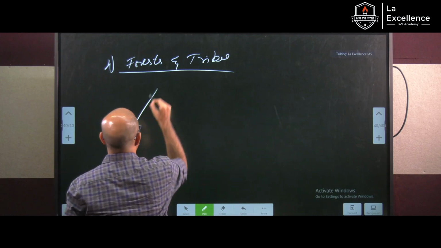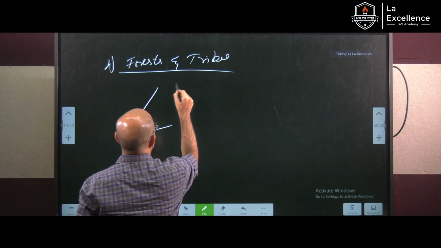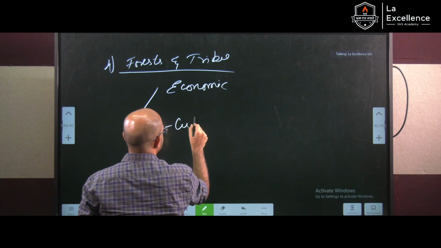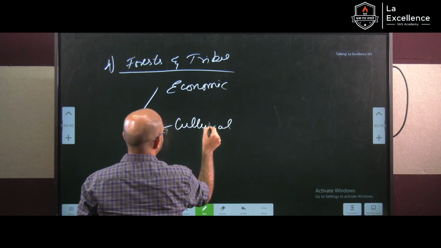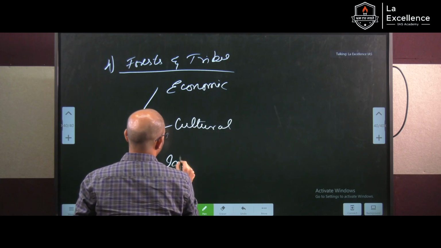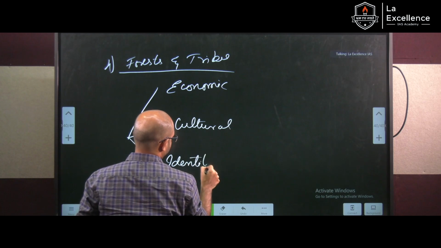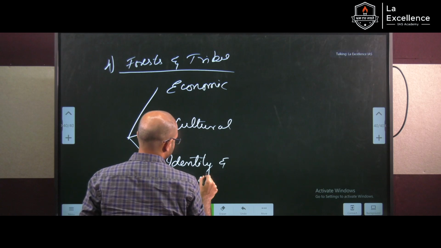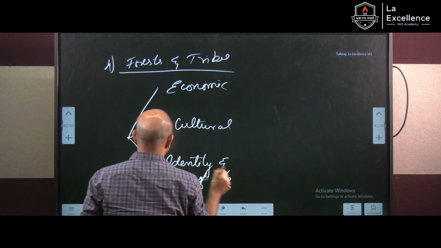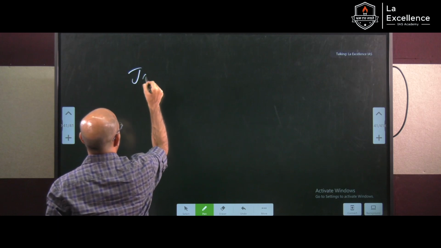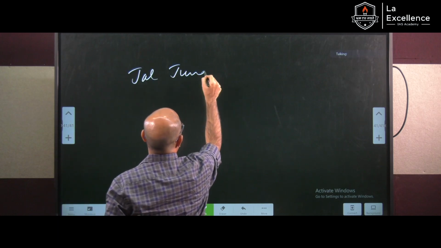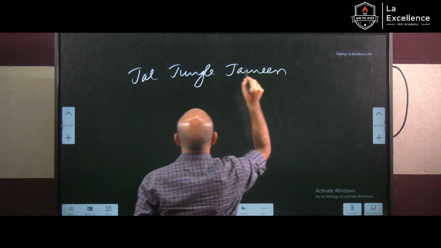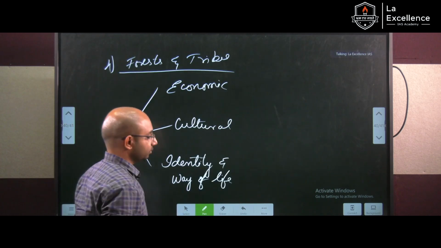First, talk about the relationship between them in terms of economic dependence, cultural dependence, and how tribal way of life and tribal identity emerges from forests. So connect this to the famous slogan Jal, Jungle, Jameen, land, forest and water.